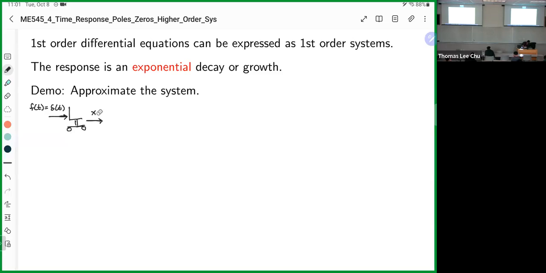Actually, no, let's track velocity. Counteracting my push is the force of friction, so maybe I'll say F_D for dynamic friction multiplied by v, or x dot in this case.